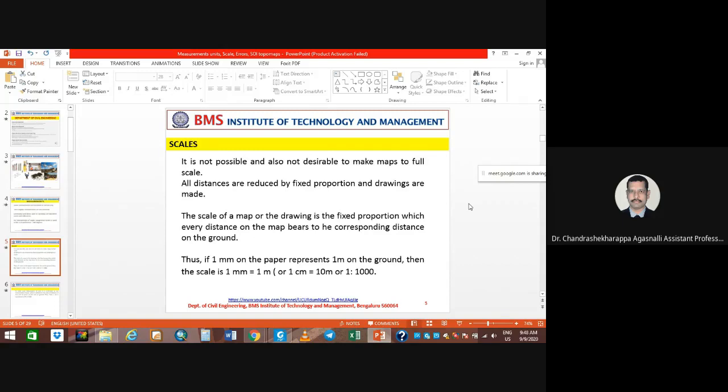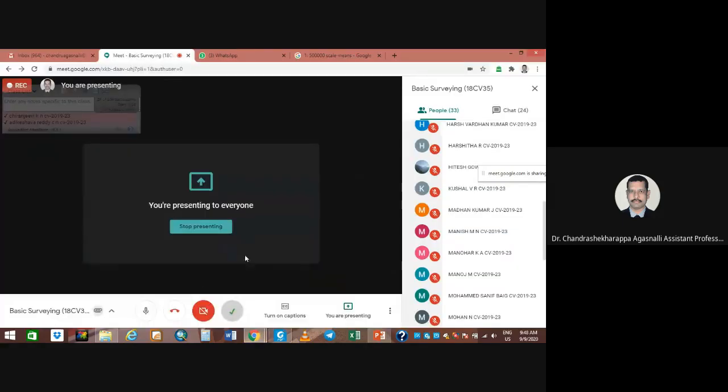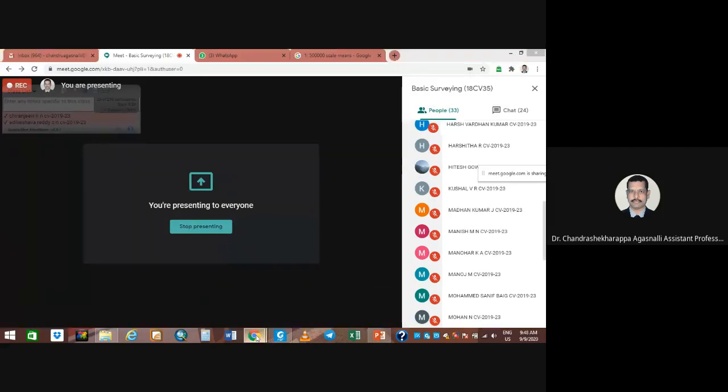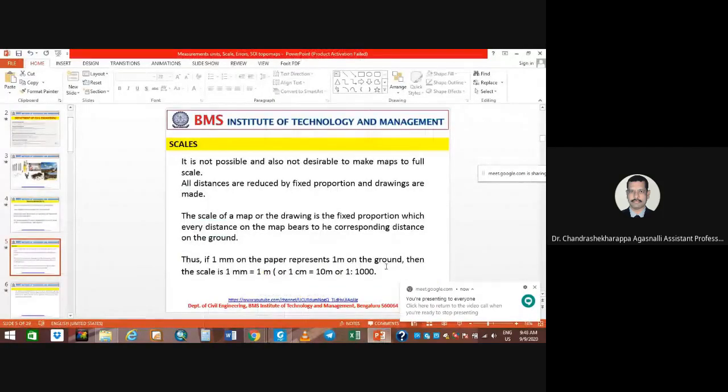In the scale, you can write 1 centimeter is equal to 100 meters. That's all. So the x-axis is 10 and the y-axis is 10. That's it.